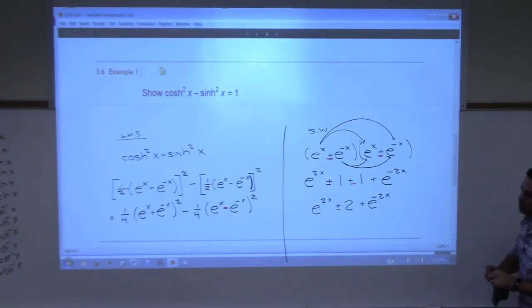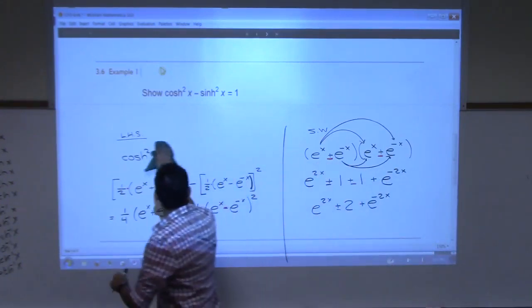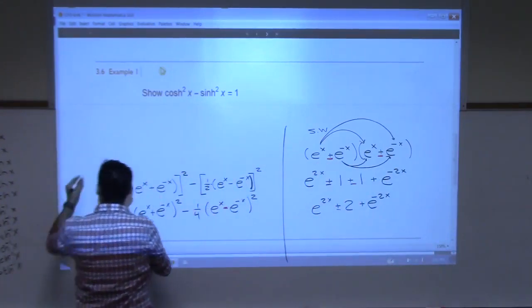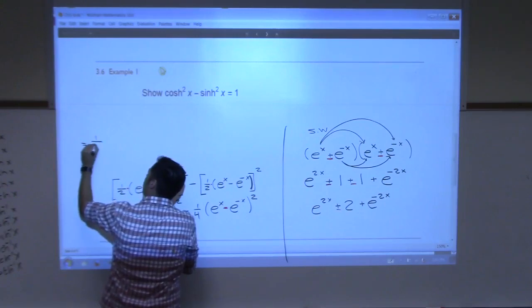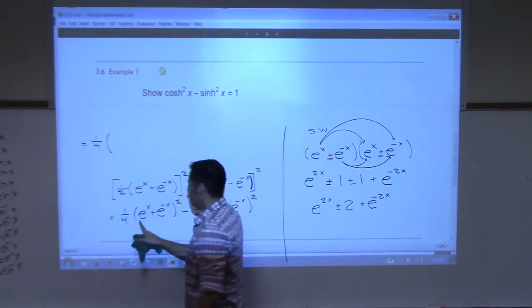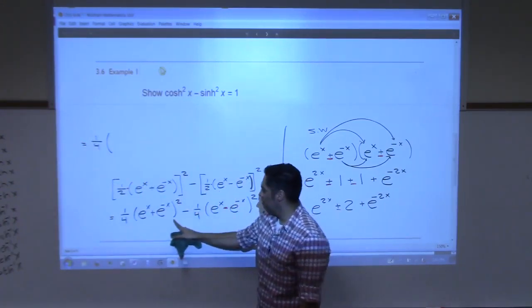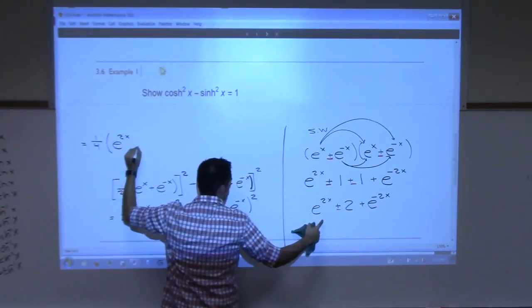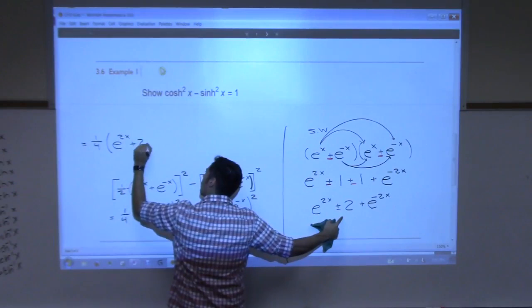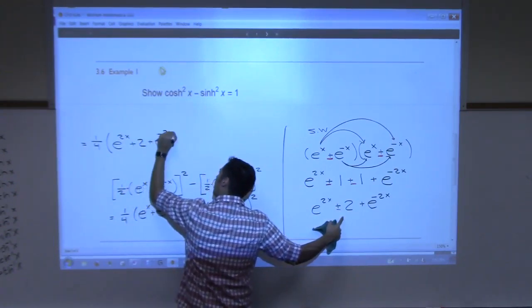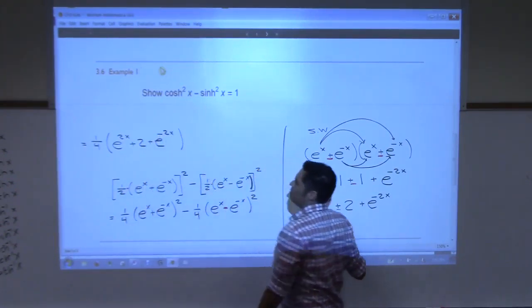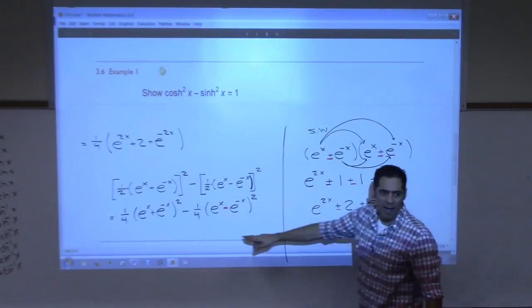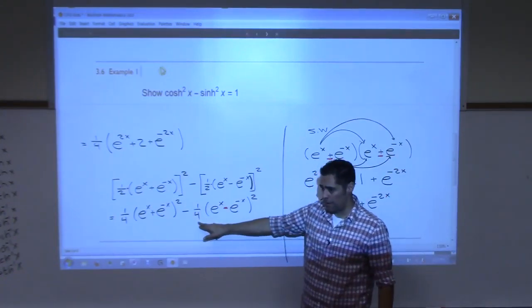All right, I'm ready to rewrite this here. So this is going to be 1/4 parenthesis everything that this turned into, which was e to the 2x plus 2 plus e to the negative 2x. Close it off. Then I have minus 1/4, right?